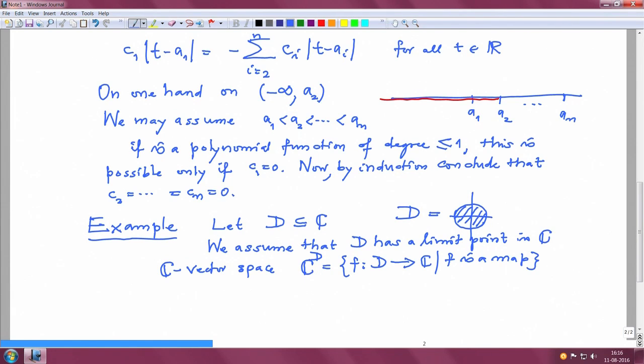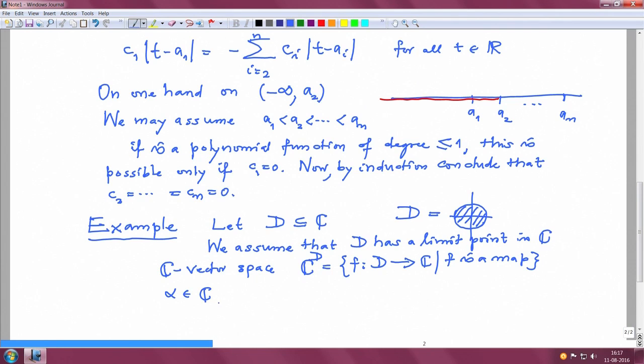So, that will also, when we define the dimension etc., prove that this vector space has uncountable dimension. So, the functions we consider here are the functions for each alpha in C.